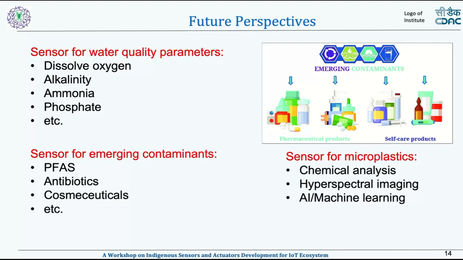Sensors for these parameters are present, but they are not robust in nature. After maybe 6 months or 1 year, they don't work properly, because we have seen that, and they are also costly. Anyway, this is all from my side.